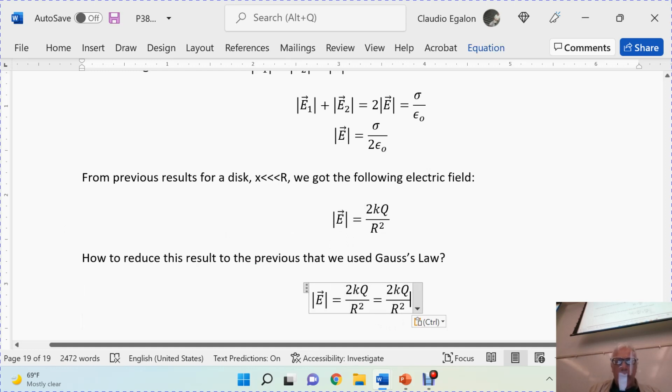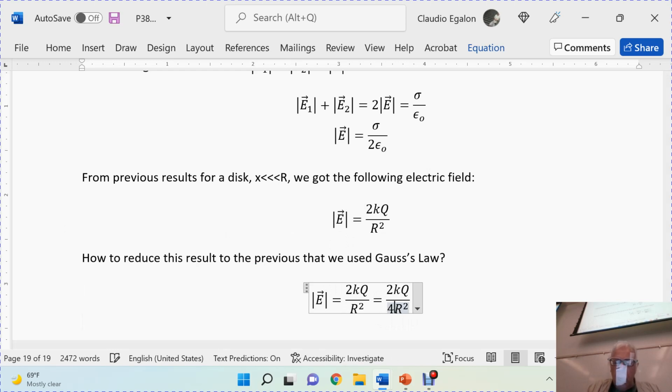Here you go. K becomes 1 over 4 pi epsilon naught. That's the first step.